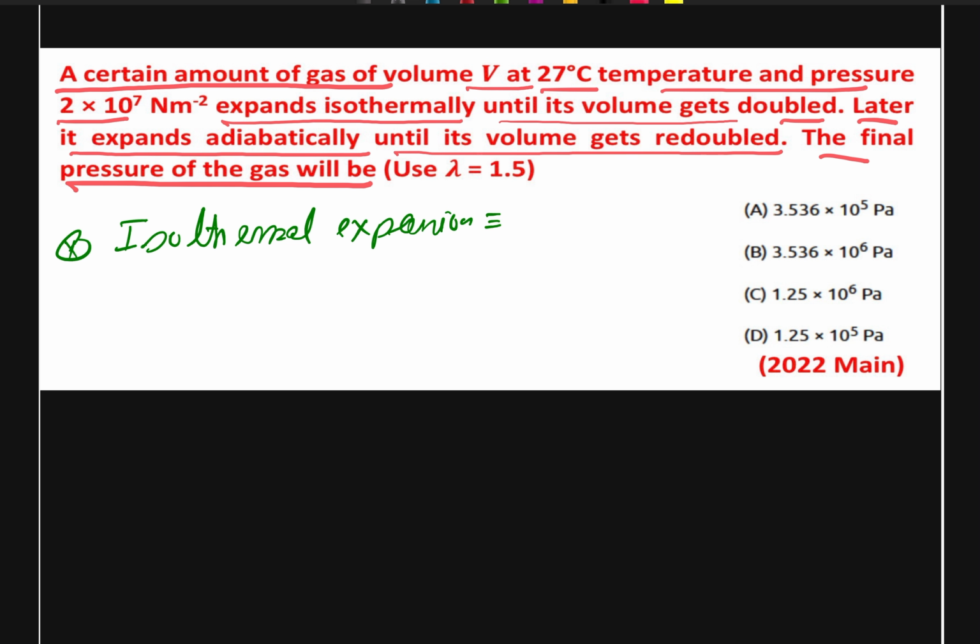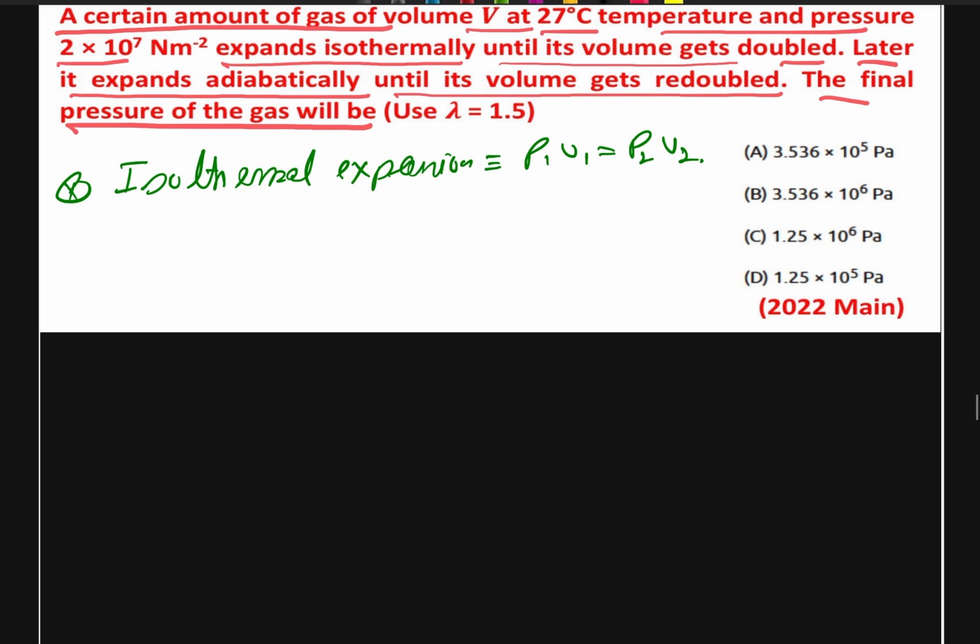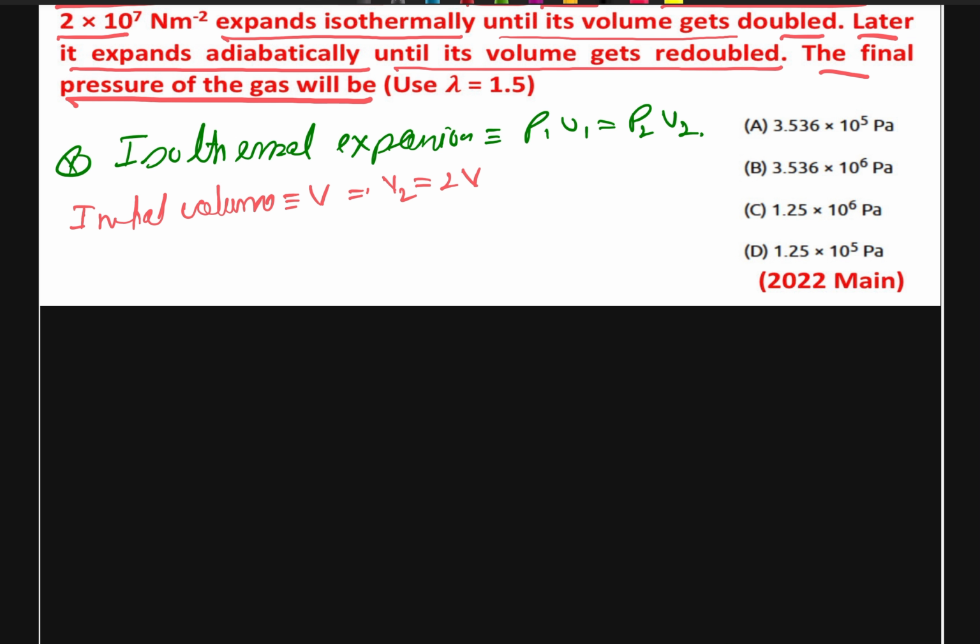And for isothermal expansion, we know that our P1 V1 is equal to P2 V2, and if our initial volume is our V1, so our final volume V2 becomes 2 times V1. Therefore we can write that our P2 will be equal to P1 V1 upon V2.